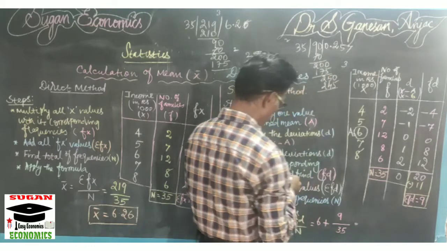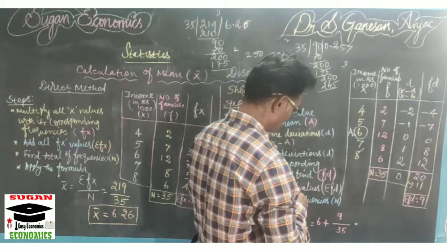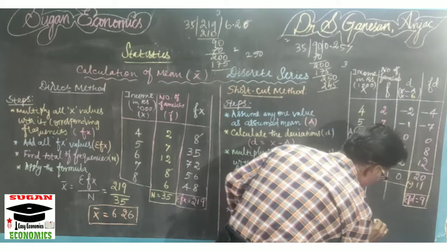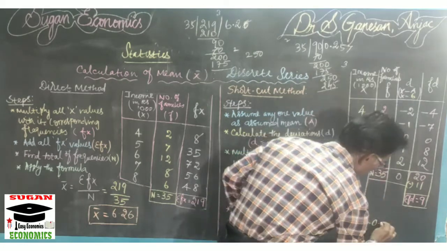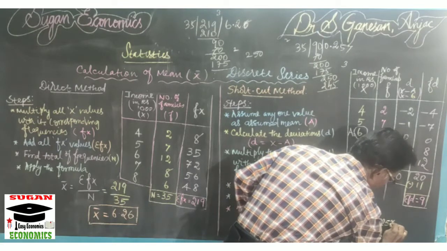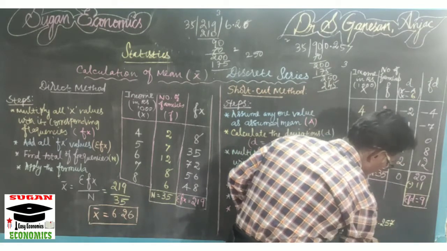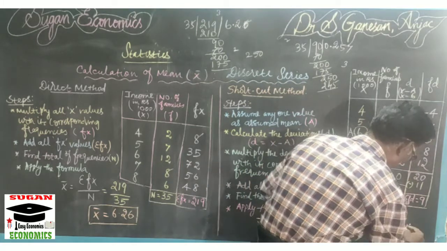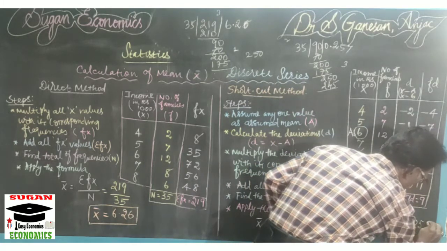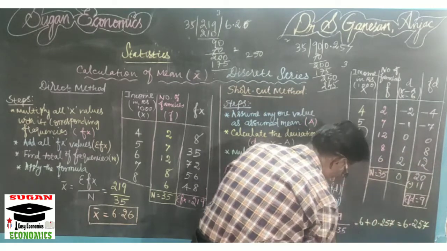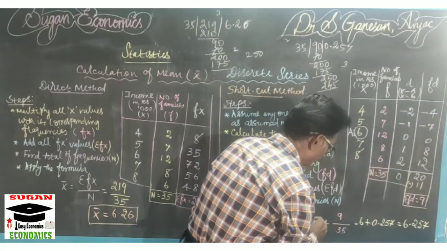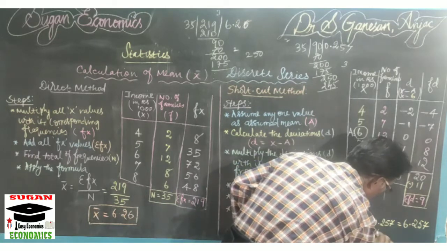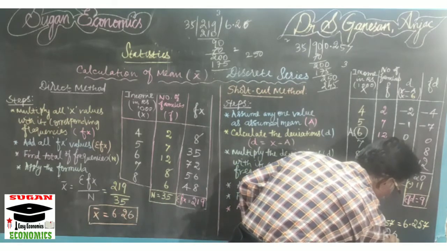So here the value is 6 plus 0.257. So x bar is equal to 6.257, or you write the x bar value as 6.26.